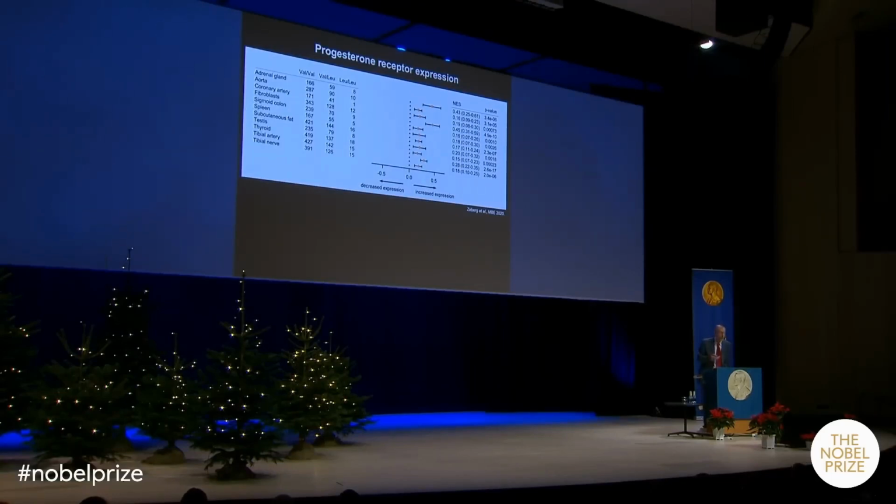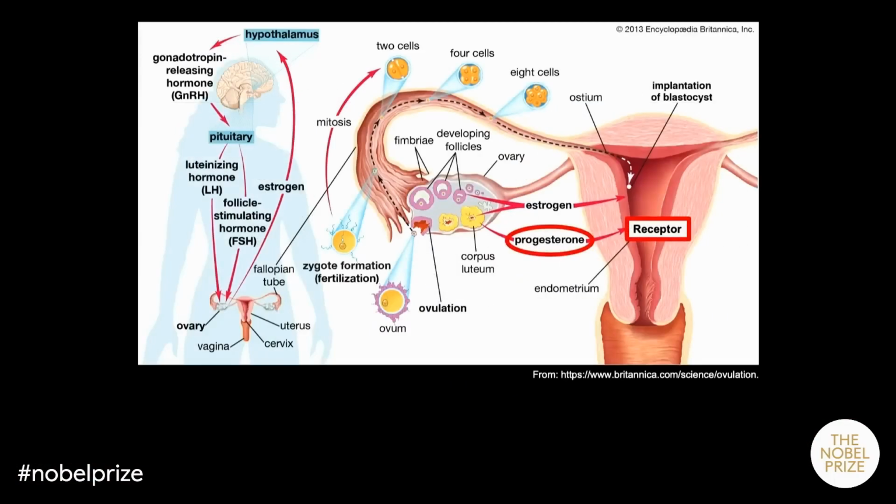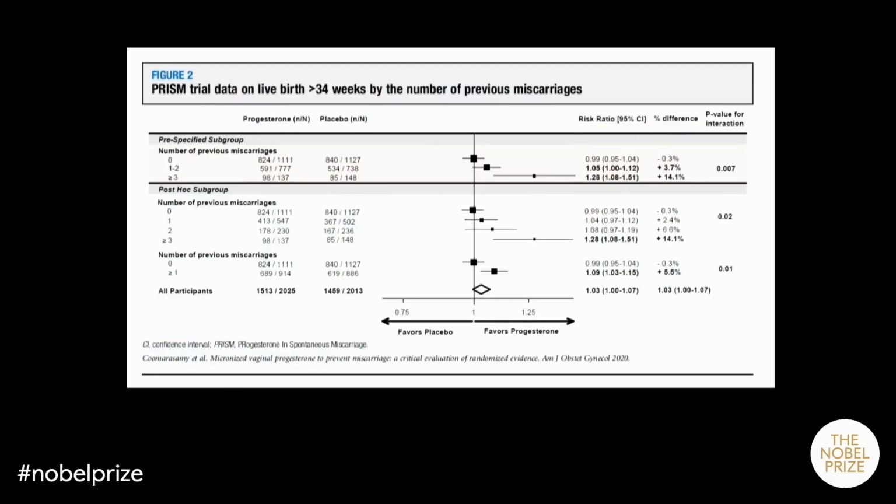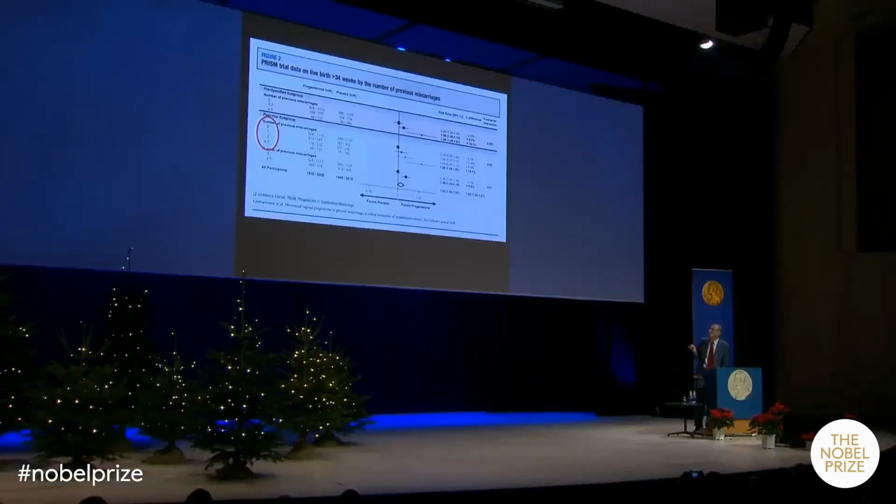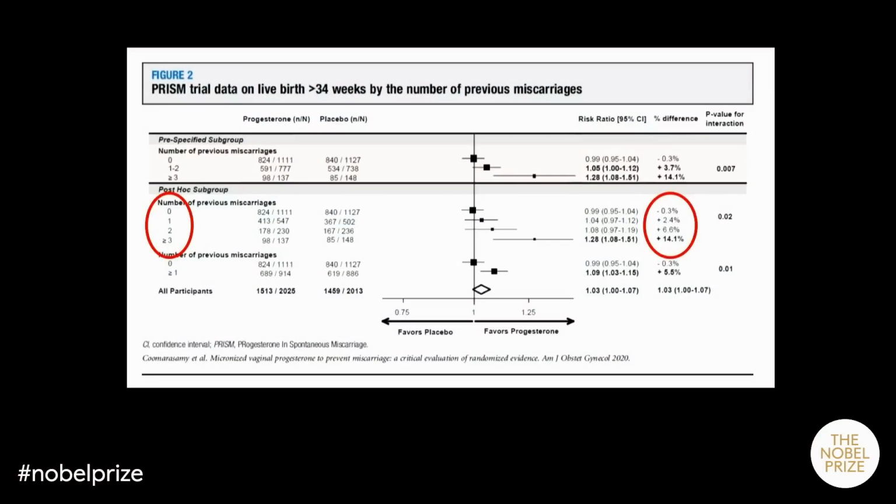So you can imagine that you have more of a progesterone effect if you have more of the receptor. And indeed, compatible with that are recent observations that if you give progesterone to women who have experienced several miscarriages, you can increase the likelihood of a live birth, compatible with that more progesterone effect, either by giving more progesterone or having more of the receptor may be good.